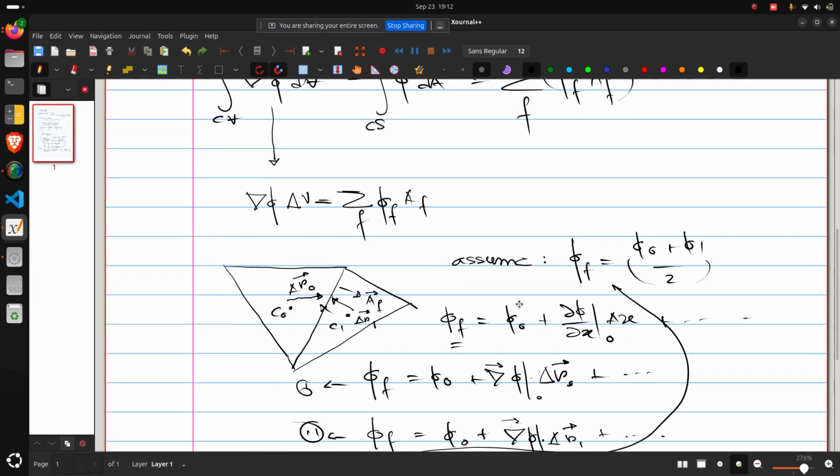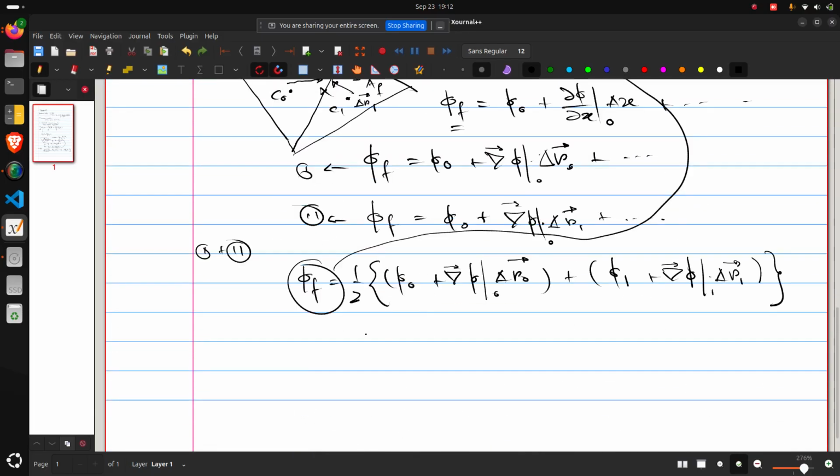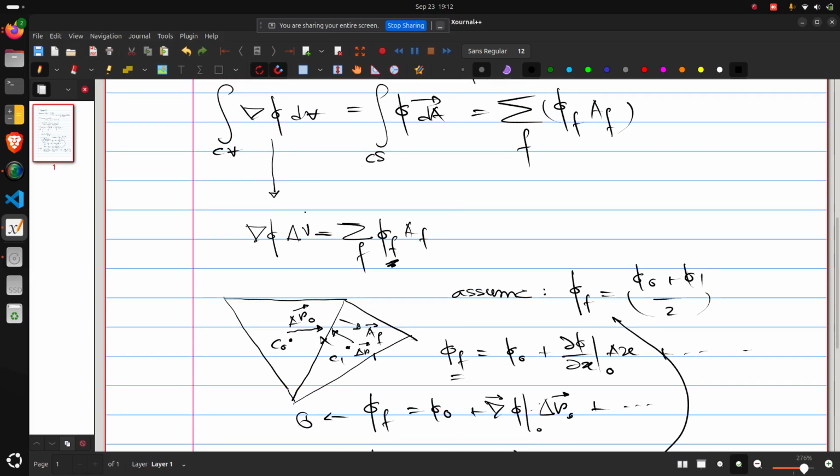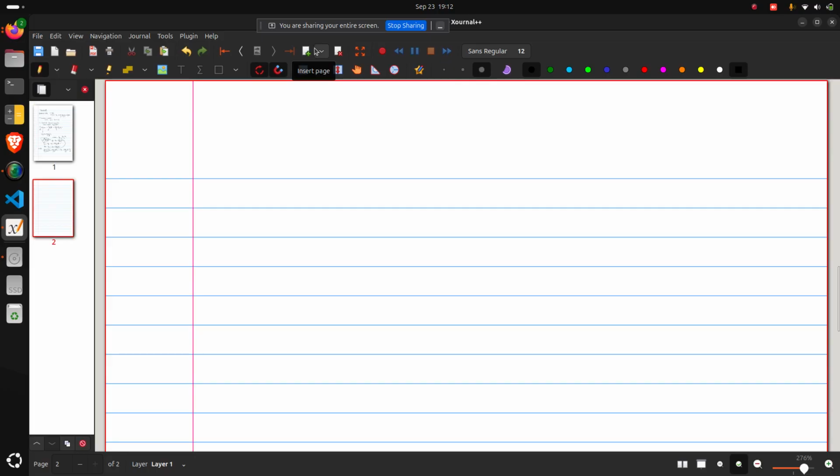Now that we have done the Taylor series expansion, we get another expression for phi f, which is also in terms of the gradient of phi at both the cell centers. So we just plug it in here, and with the new updated phi f values, we can again get another approximation for the gradient of phi, right?